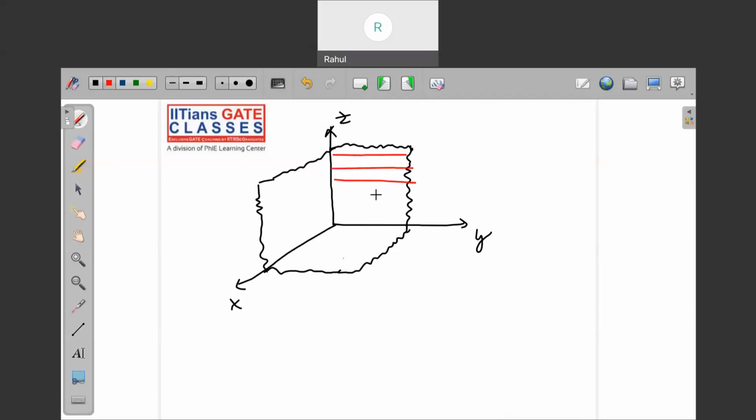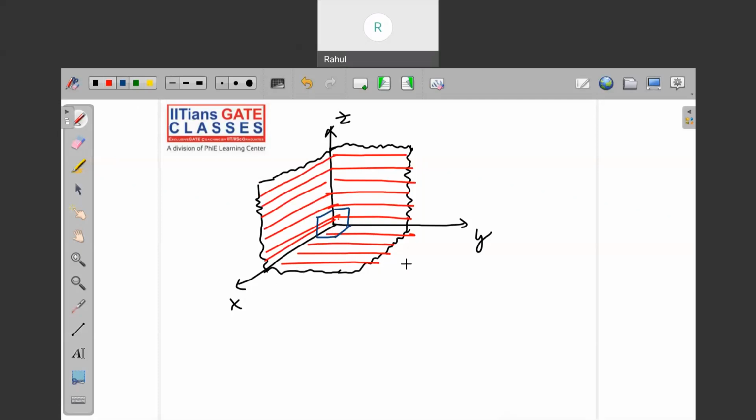You can see this is the yz plane, and this is the xz plane, and this is an orthogonal system, because x, y and z are making a 90-degree angle. You have to keep this in mind.